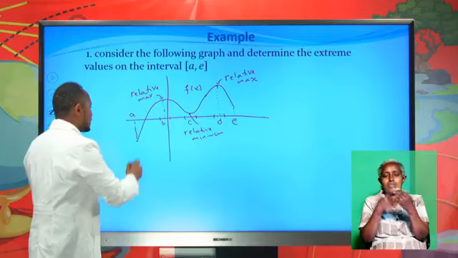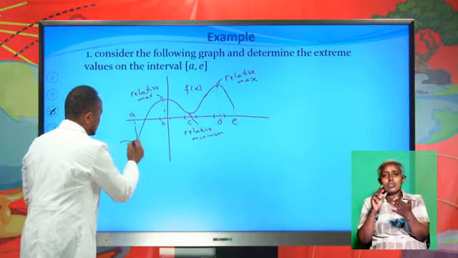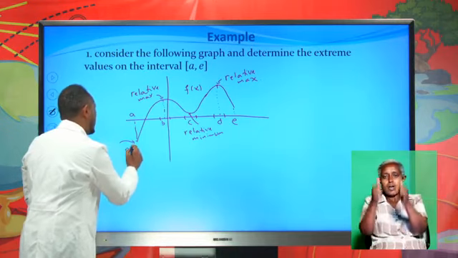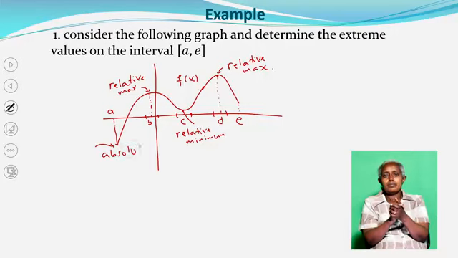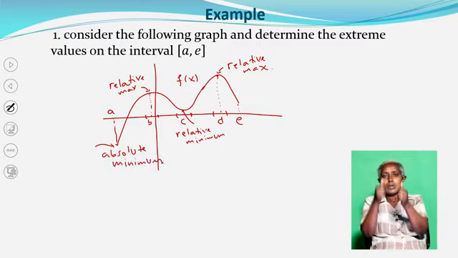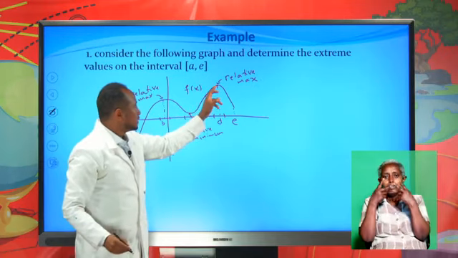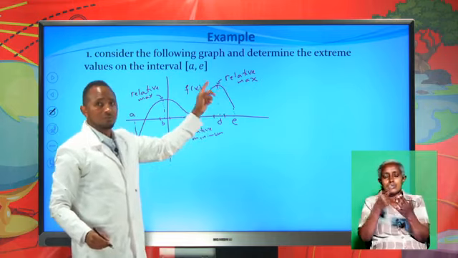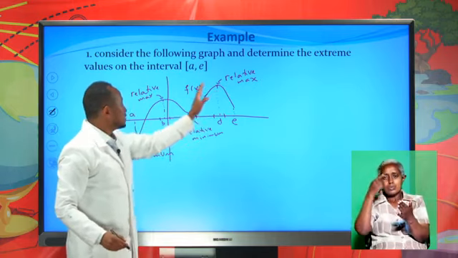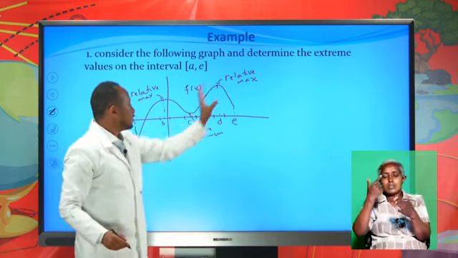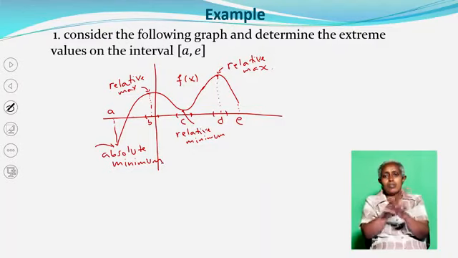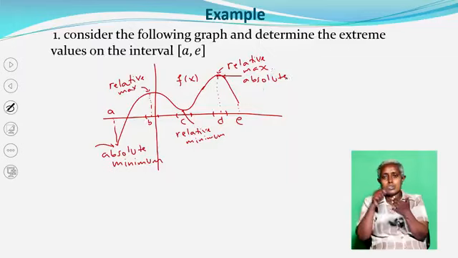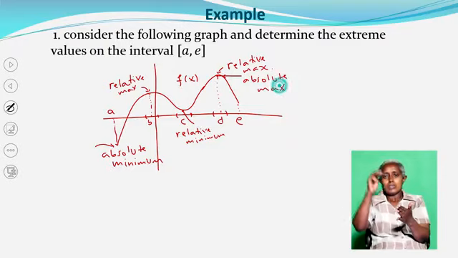Therefore, this point is the absolute minimum point of the function. When you see this one, even though it is a relative maximum, in addition to that, it is also an absolute maximum because it is bigger than every functional value. Therefore, this point is the absolute maximum.